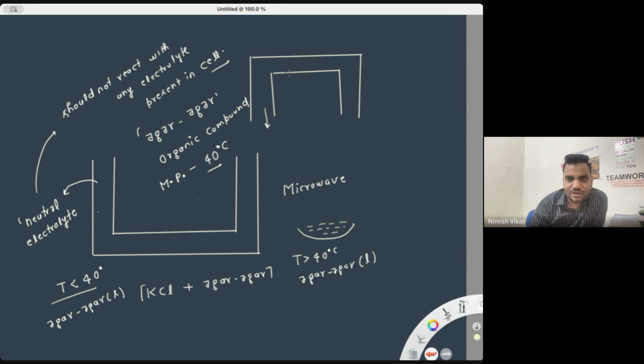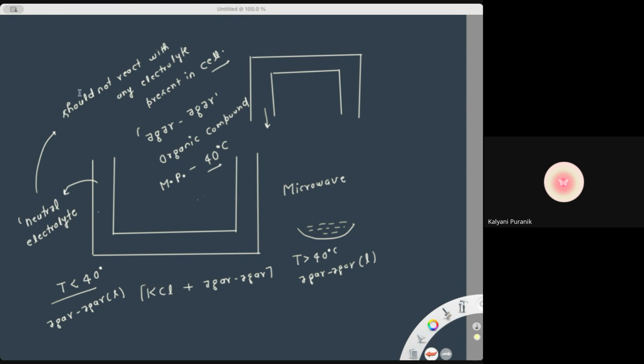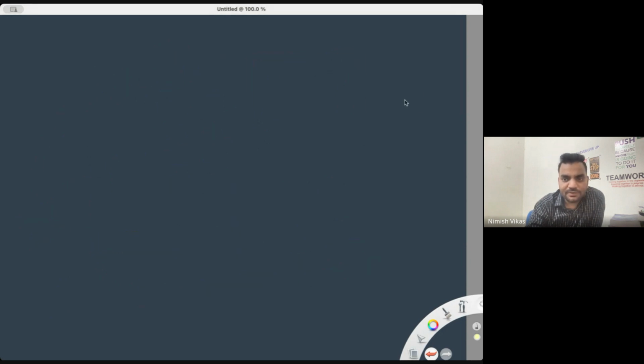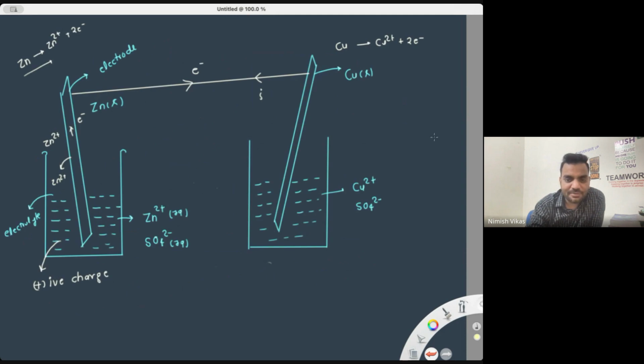So now our bridge is ready. Yes, Kalyani. Does the agar not react? It's an organic substance, it will not react. Okay. So our salt bridge is ready, and we will bring it here, and we will put it inside.